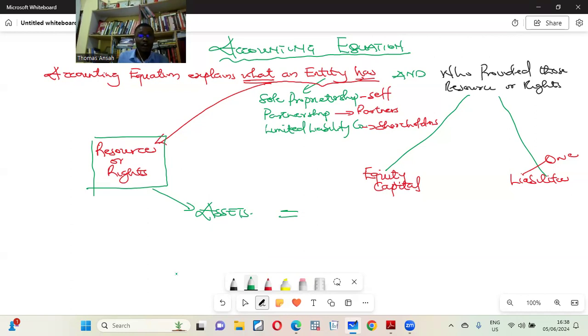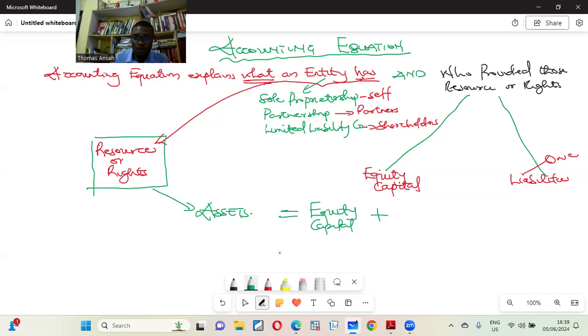All right. So now, for example, if I want 1,000 Ghana cedi cash, I can provide it by myself, or I can go and borrow the 1,000 Ghana cedis, or I can provide 500 cedis by myself and go and borrow the extra 500 cedis. If that happens, then it means I have all the things in the equation, meaning I have 1,000 cedis, but I provided 500 by myself, which is the equity, or you can say capital, plus which one?